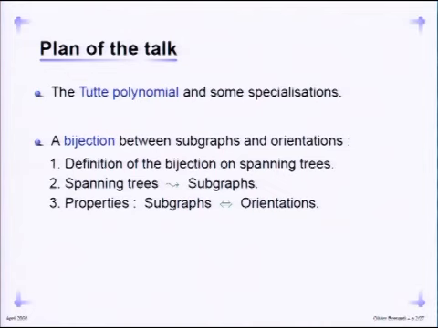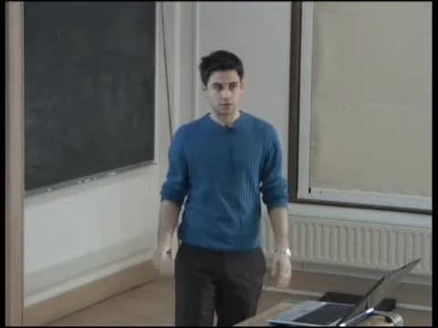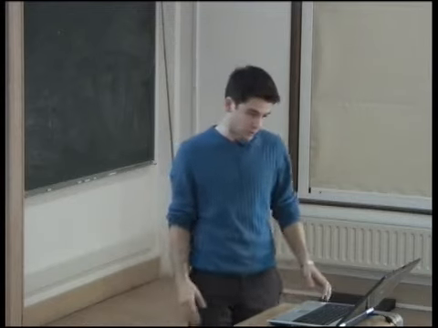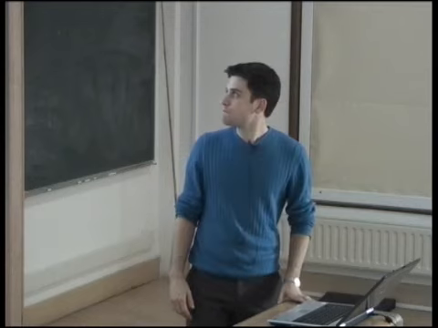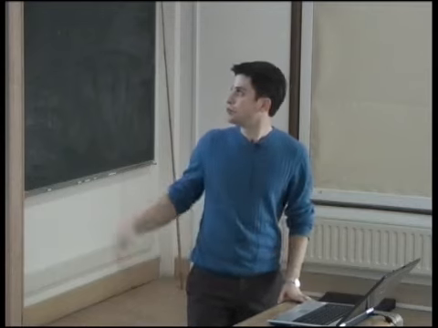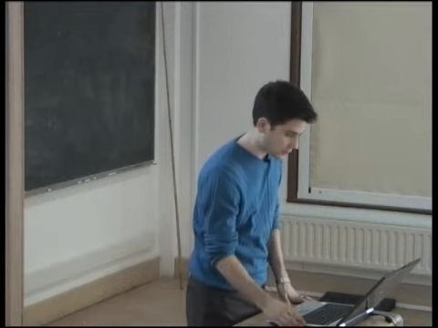And to extend it to all spanning subgraphs, we'll need to use some tools that appear as combinatorics of the Tutte polynomial. And here you will see something related to this Penrose identity. And then we'll see the properties of this bijection.